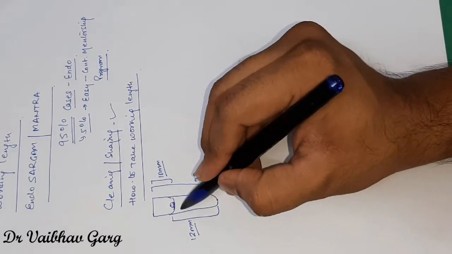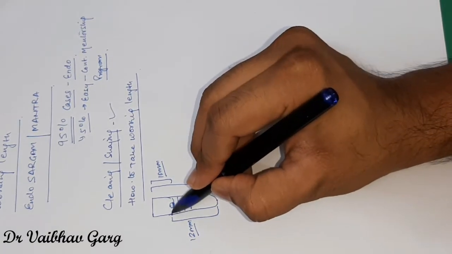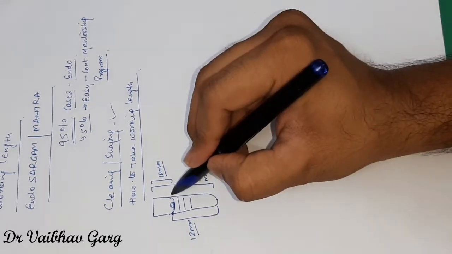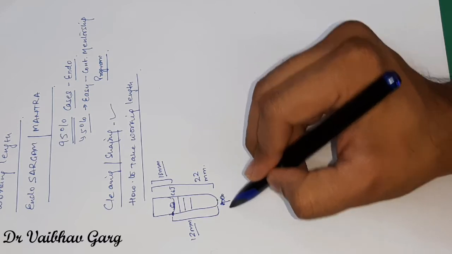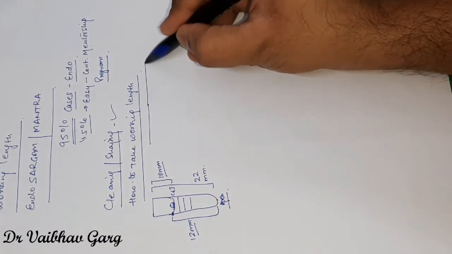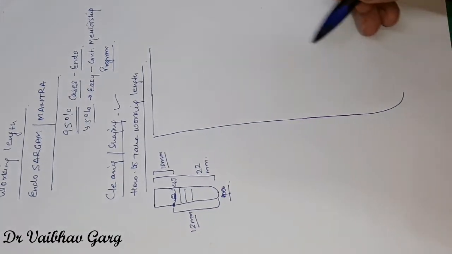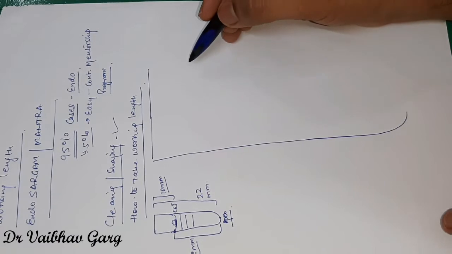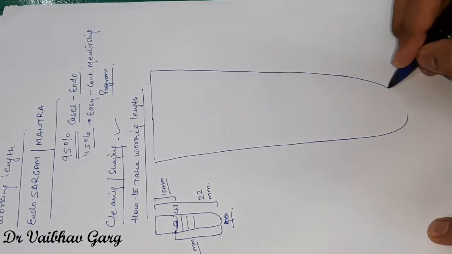So I am taking this area from the CEJ to the root apex. I'll magnify and enlarge it for you and make a huge root so that we actually understand where the process starts.